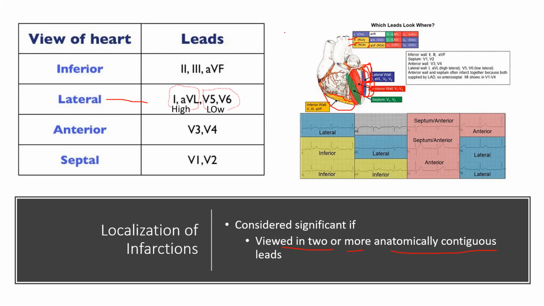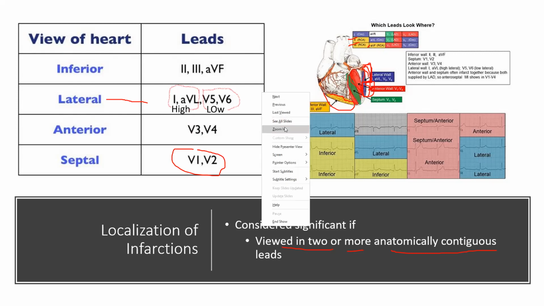All right. The anterior portion of the heart is viewed by leads V3 and V4, marked in red right over here. And the septal portion of the heart is seen by leads V1 and V2, as you could see shaded here in green.